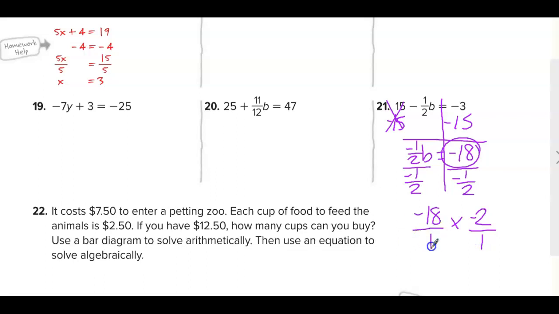I can also put 18/1. So now I just multiply straight across. A negative times a negative is a positive, and 18 times 2 is 36/1. Therefore, b equals 36.